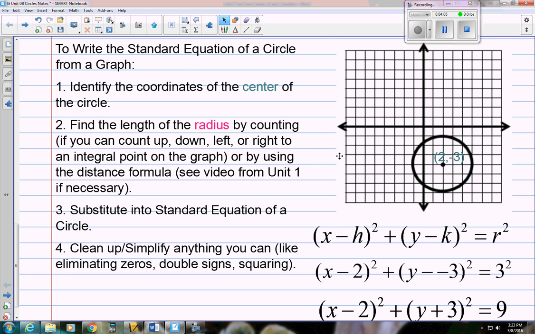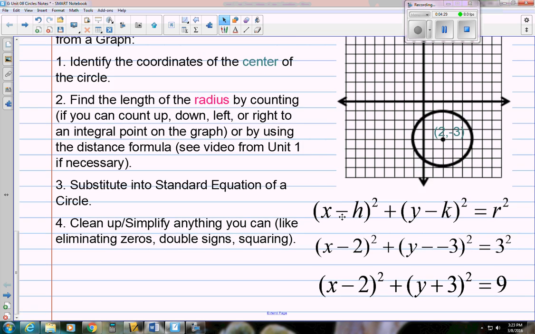And you can find the length of the radius by counting from the center, either up, down, left, or right, if it goes to an integral point, as we call it. If it doesn't, then we have to use our distance formula, so picking our center and then any other point on the circle that we can count to, and then substituting that into the standard form.